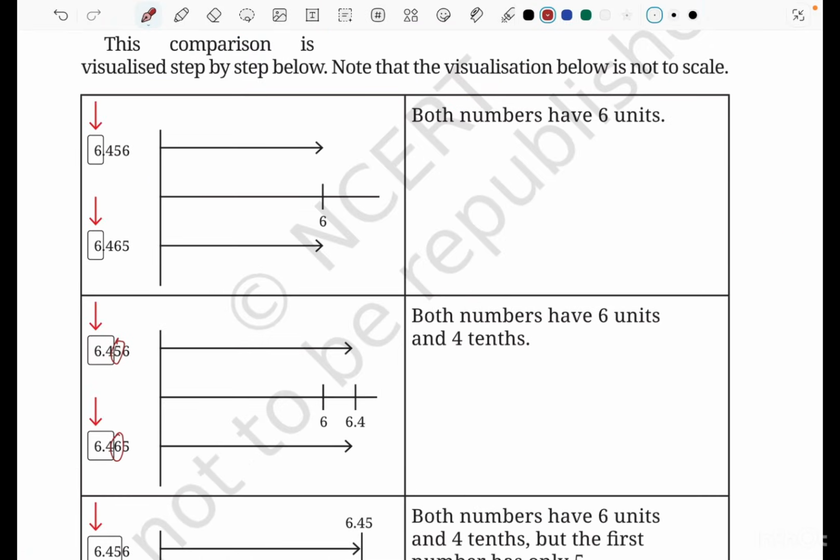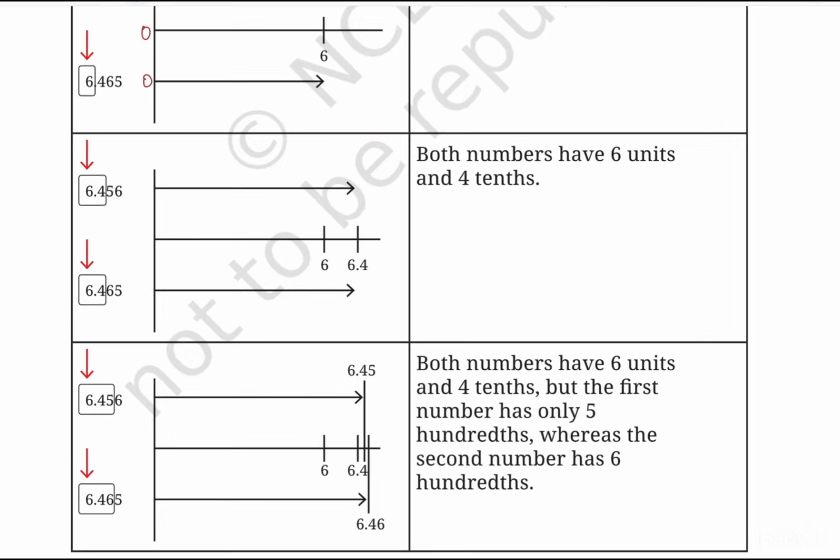Next we have a table on how to compare two numbers. Here the two numbers are 6.456 and 6.465. Both numbers have 6 units, so they are of the same length from 0 to 6. Considering the next decimal place, the tenths are equal in both numbers.